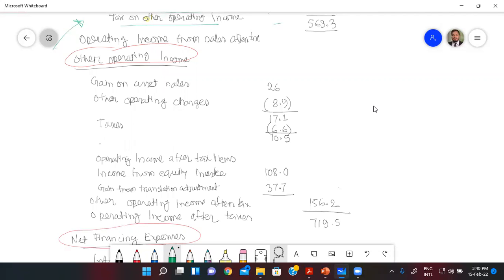We see there is an item, income from equity investees. Can you recall that we mentioned in the Starbucks 10-K report how Starbucks generates this income? They have made some equity investments.